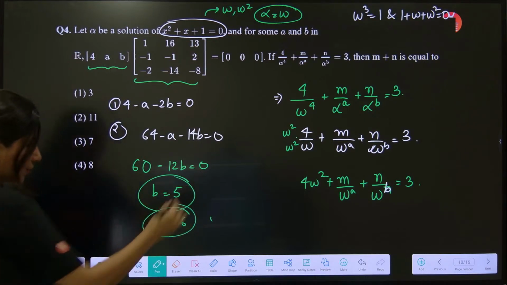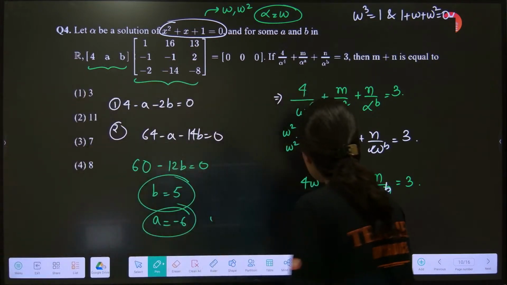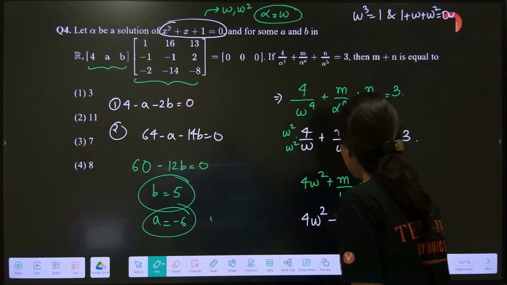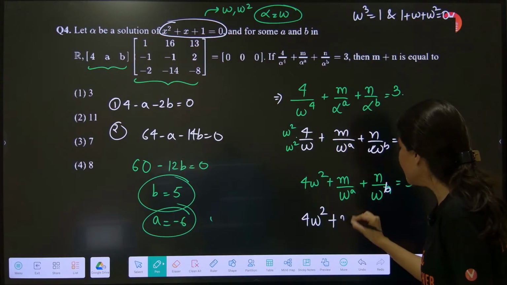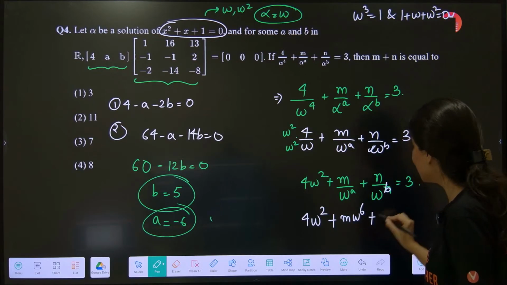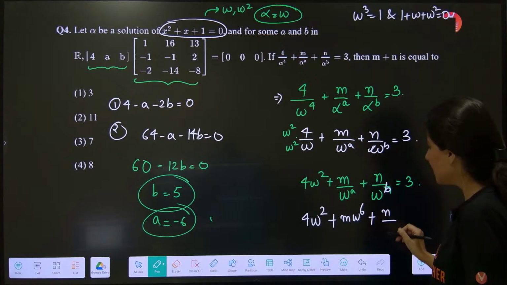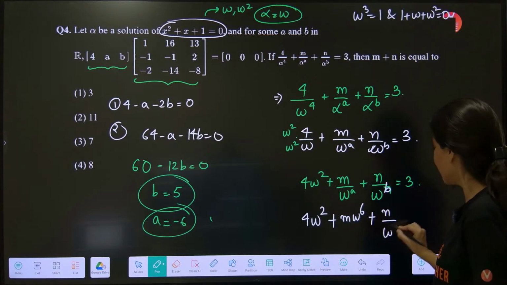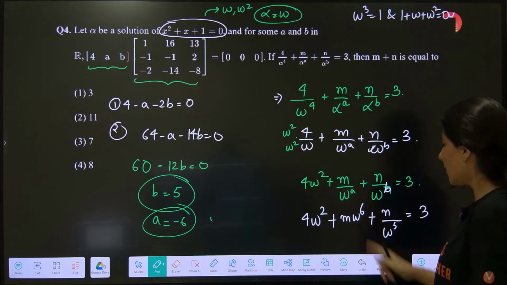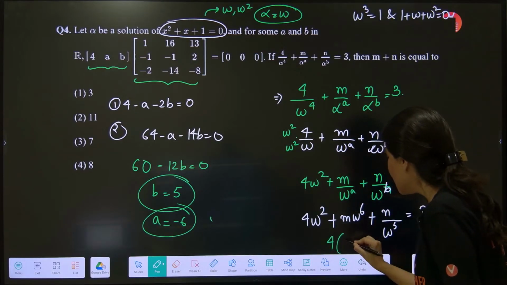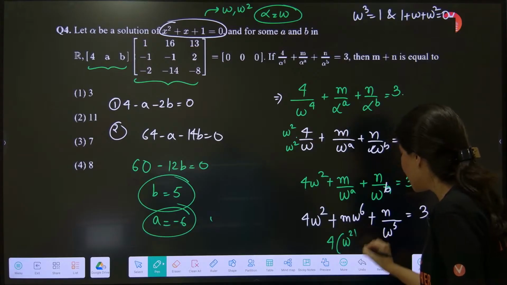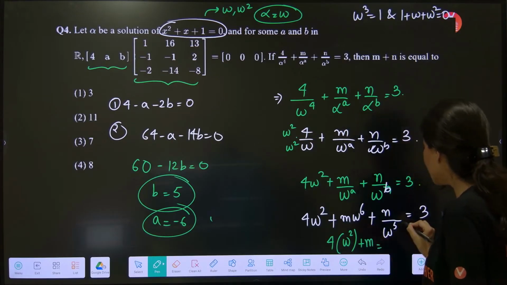Now put 4 omega square plus m upon omega power 6 plus n upon omega power 5 is equal to 3. Now understand, omega power 6 is 1. So 4 omega square plus m is equal to, what about this?